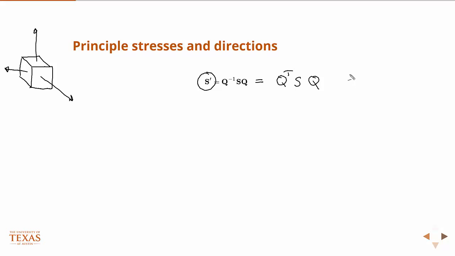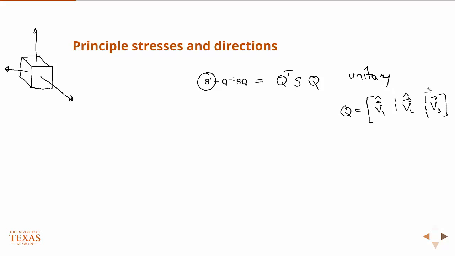So if Q is unitary, another word would be orthonormal. That would be where Q is made up, in the context of a 3x3 matrix or the stress tensor, of the first eigenvector, second eigenvector, third eigenvector, where these are now unit vectors.